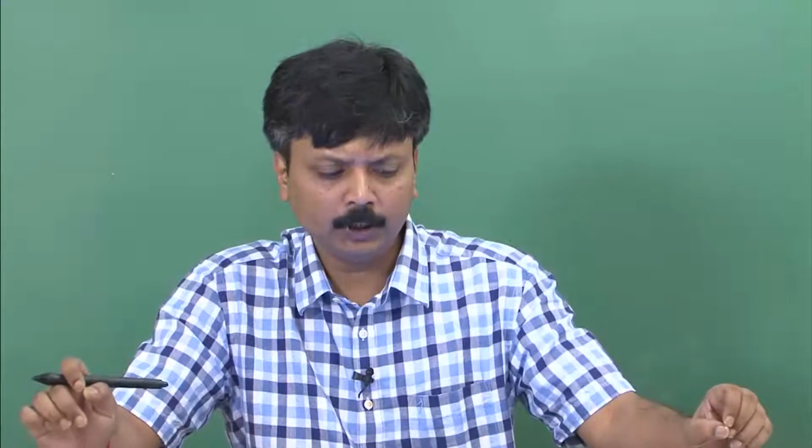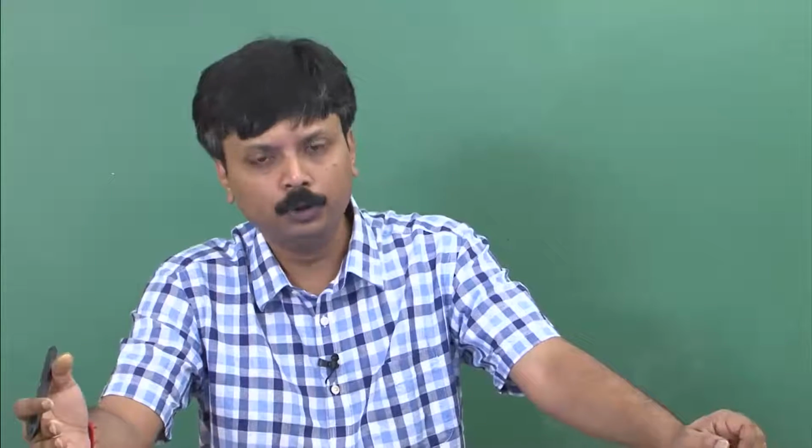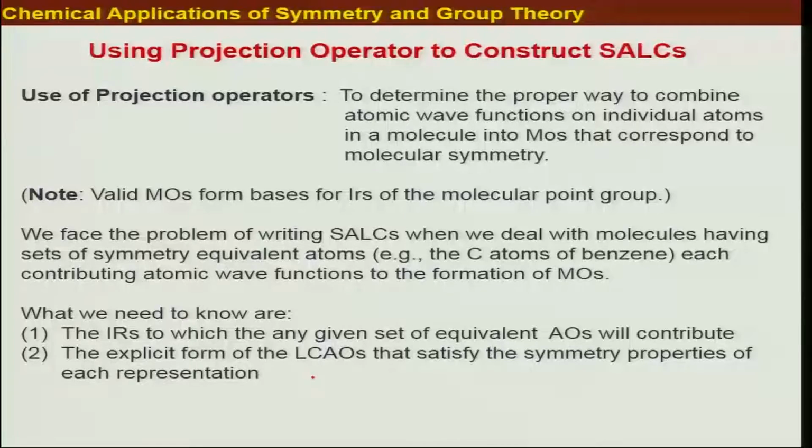So this projection operator is used to determine the proper ways to combine atomic wave functions on individual atoms in a molecule into molecular orbitals that correspond to particular molecular symmetry.